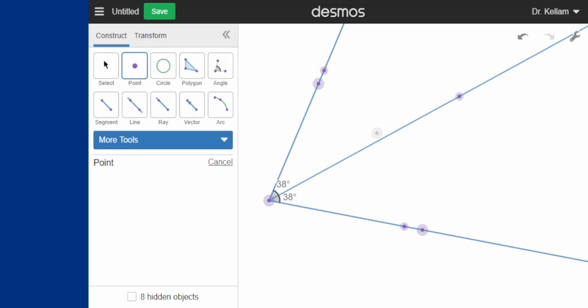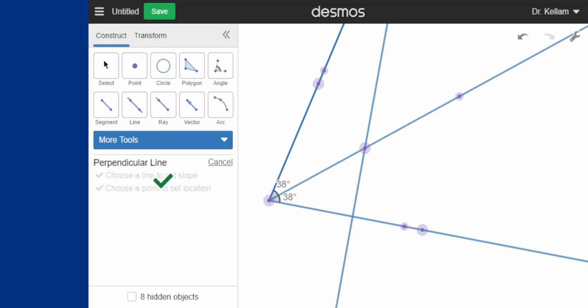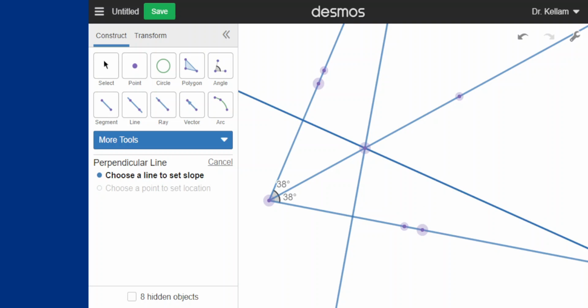an environment like this. But what we're going to do is we're going to make a point. And we're going to make a couple of perpendicular lines. So both of those perpendicular lines are going to be perpendicular to the side of the angle and going through that point.